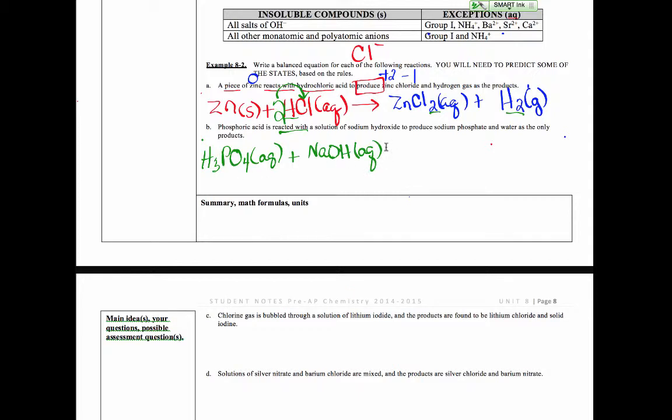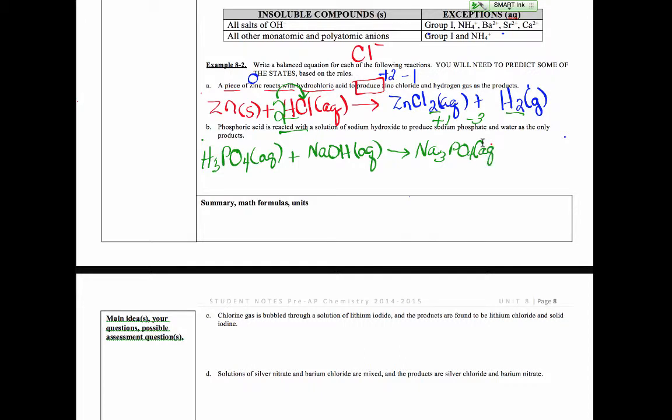And that's going to produce, it says it reacts with, to produce, I'm going to get sodium phosphate. So again, write your charges above there. Sodium's +1, phosphate's -3. So you know you need 3 positive cations to balance out that -3 anion. And if you look up at your solubility rules, it says all group 1 salts are soluble, and there are no exceptions.